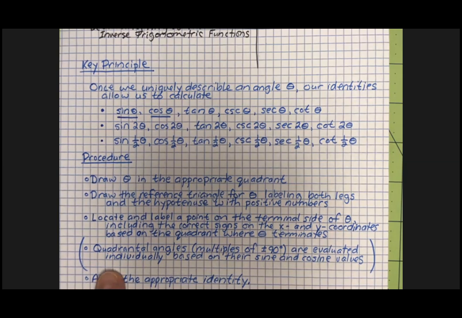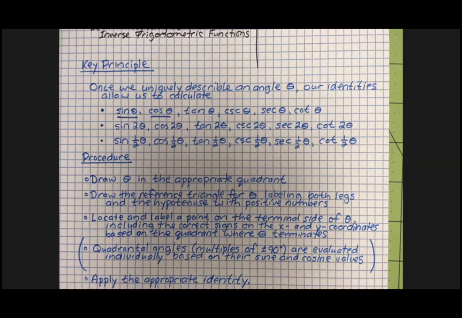Now, if you have a quadrantal angle, that's a multiple of 90 degrees, plus or minus 90 degrees, then you really don't draw a reference triangle because the reference triangle is either 0 height or 0 width. And so you have to know the sines and cosines of the quadrantal angles of any multiple of 90 individually.